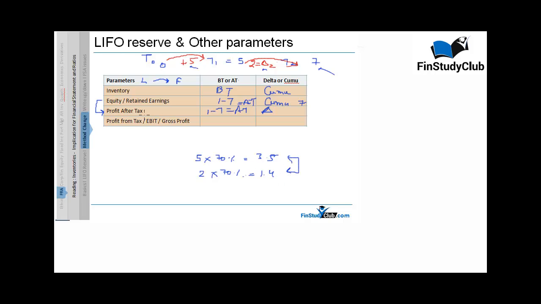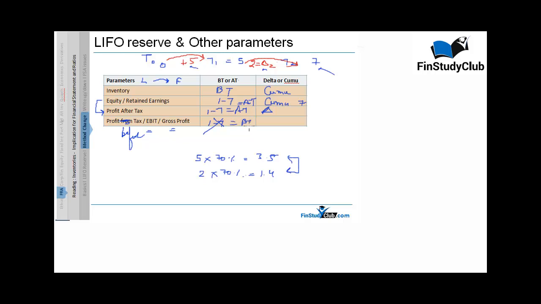So any change in profit after tax between the two firms has to be 1 minus T and has to be taken using the delta LIFO reserve. And last but not the least, fairly simple to understand, you are not going to do 1 minus T, because now what you're looking at is profit before tax. This is before tax, which is also equal to the change in EBIT, which is also equal to the change in gross profit.